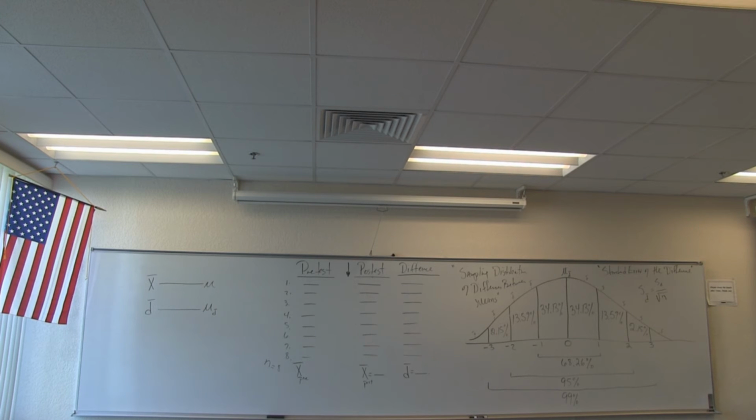The standard error of the difference is simply the dispersion of all these infinite mean differences around the mean of the mean difference. So what the standard error of the mean was in number 1 and 2 to that sampling distribution of the mean, the standard error of the difference is to this new sampling distribution of differences between means.